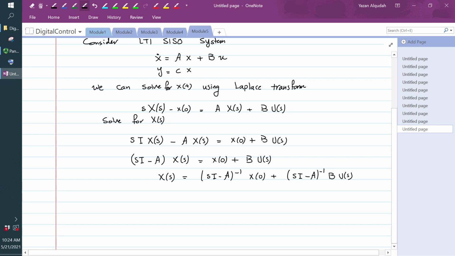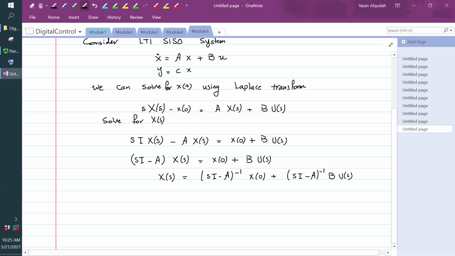I hope this is clear. I multiplied both sides by (sI minus A) inverse. On the left side, that's going to give me identity and therefore just X of s, and on the right side it is going to multiply the inverse. Okay, so this is what X of s equals in the Laplace domain.